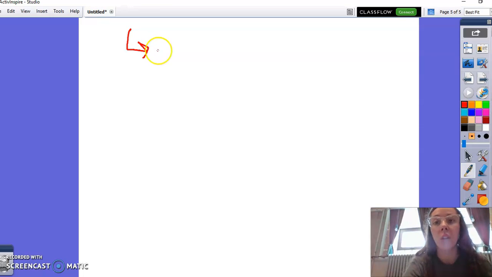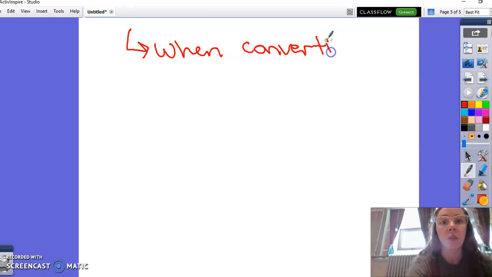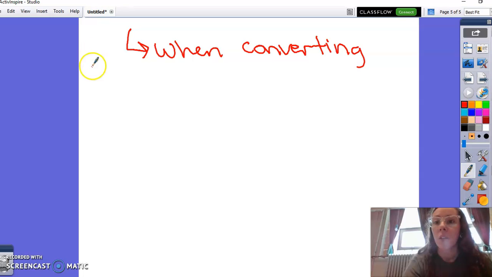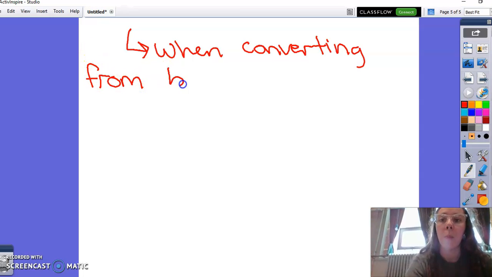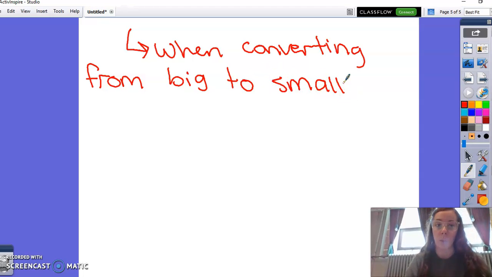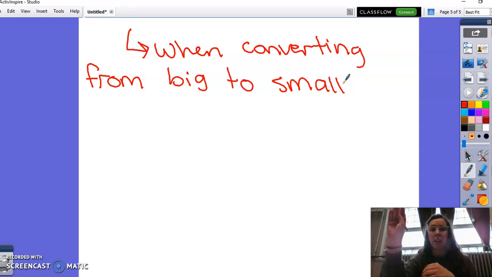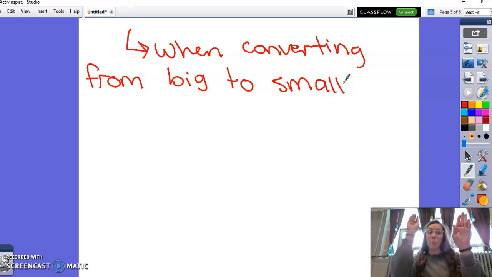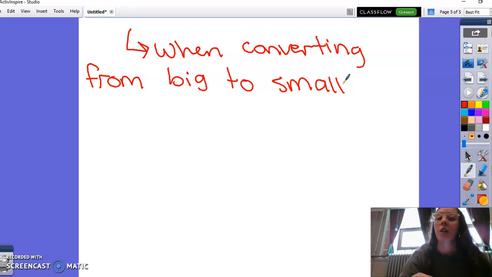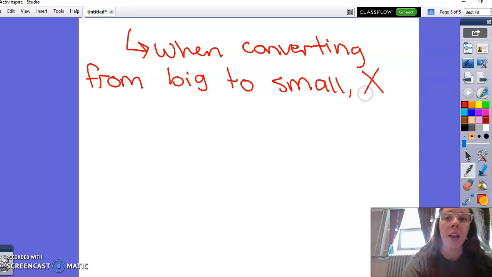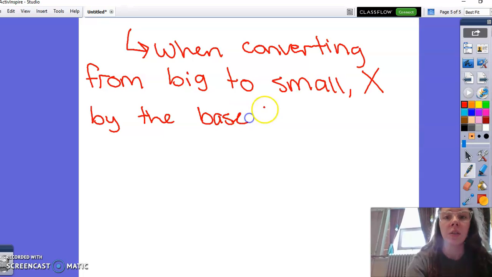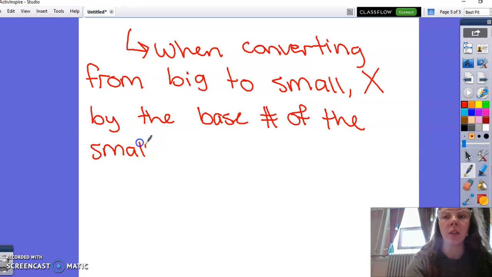So when you convert, or when converting, from big to small, going back a couple slides when I was looking at feet to inches, when I go from big to small, multiply by the base number of the smaller unit.